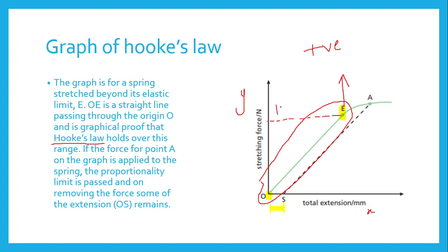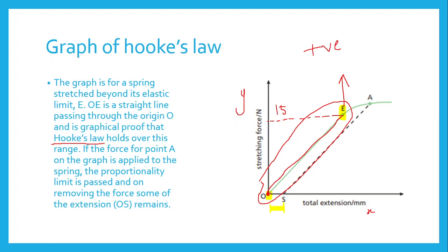You can see that at point E, if I have applied some force, let's say 15 newtons, and if I unload this 15 newtons, the spring is going to get back like this. The extension is going to slowly decrease until it gets back to zero. There is going to be no permanent deformation or permanent extension.